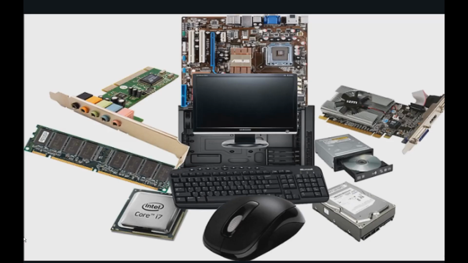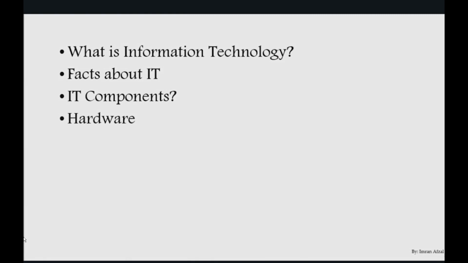Hardware. This is going to start coming in from the components, so we will talk about what hardware is and the different jobs in hardware. I really want you to know, if you want to start your career in computer hardware, what that is, what the different types of jobs out there are, how you're going to get those jobs, and whether those jobs are the right fit for you or not.